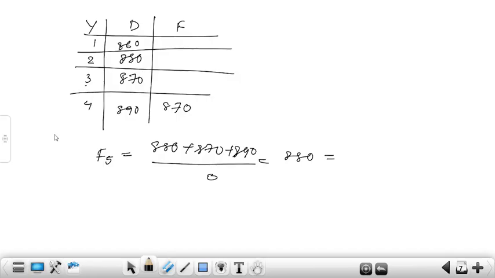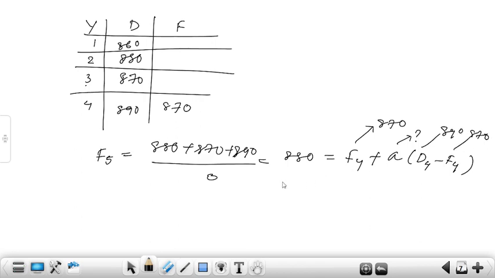So the exponential smoothing method formula is F5 is equal to F4 plus A into (D4 minus F4). Given F4 is 870, and D4 given 890. So 880 minus 870, 876 I think.